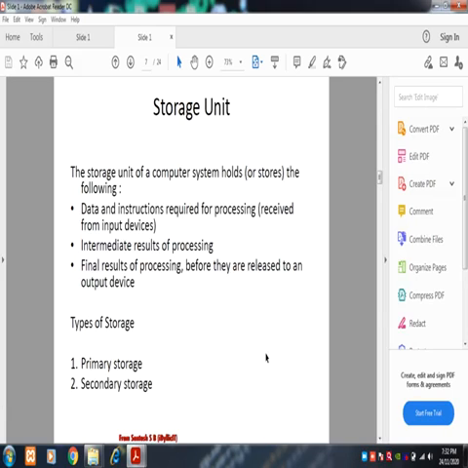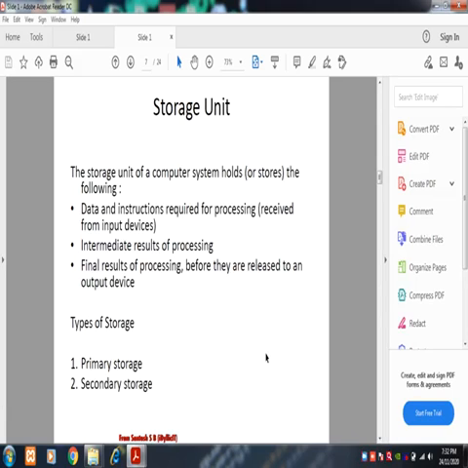And the final results of processing are stored before they are released to an output device. What happens here is very important: before going to the output devices, the results of processing the user's inputs are held in storage.